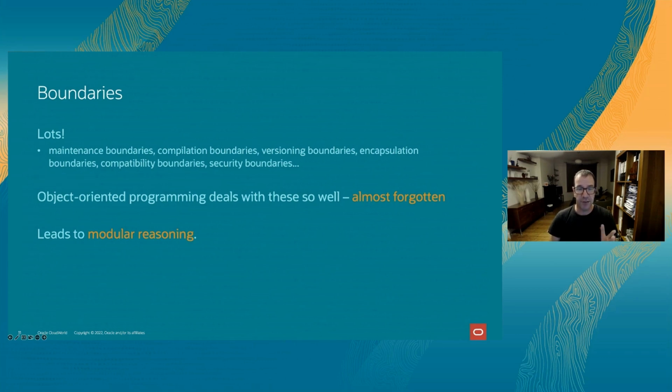Object-oriented languages provide us with tools for precisely defining, navigating, and defending these boundaries. In fact, they're so good at this, we almost forget that these boundaries are there. Dividing a large program into smaller parts with clear boundaries helps us manage complexity because it enables modular reasoning, the ability to reason about one part of the program at a time.